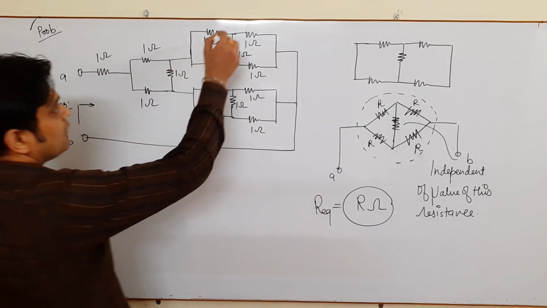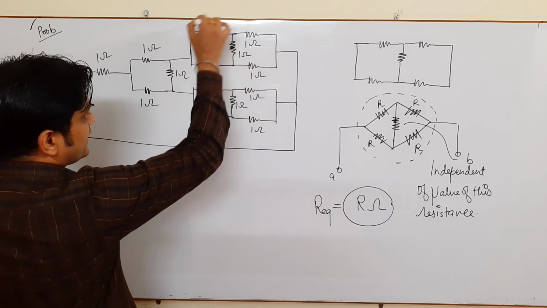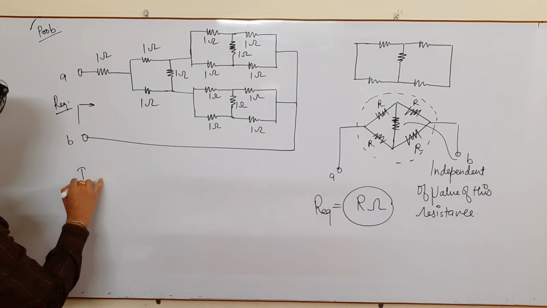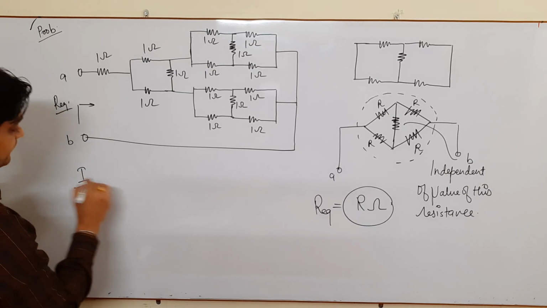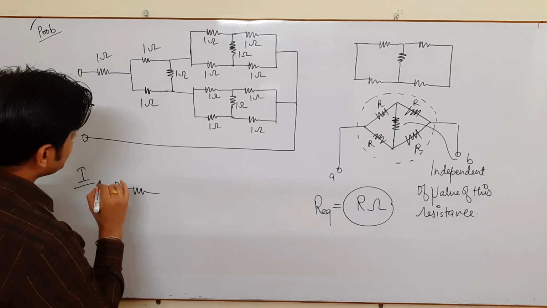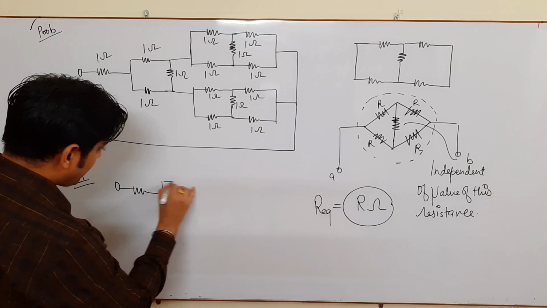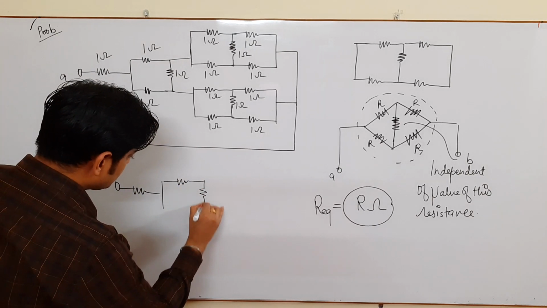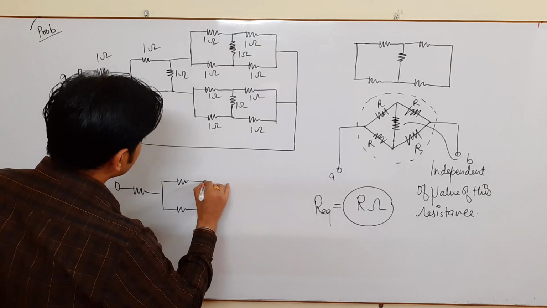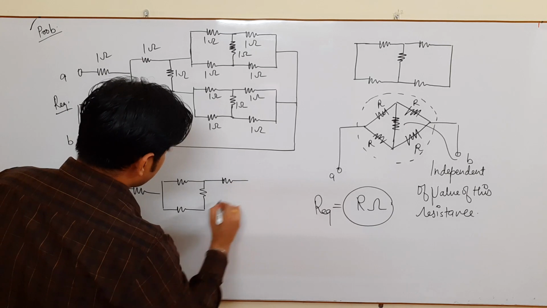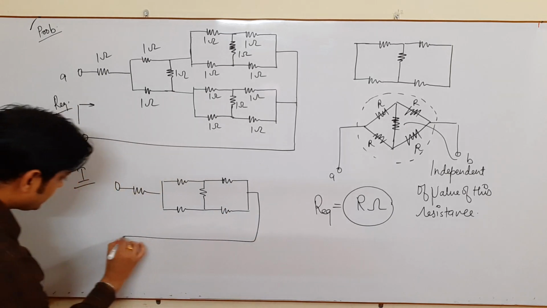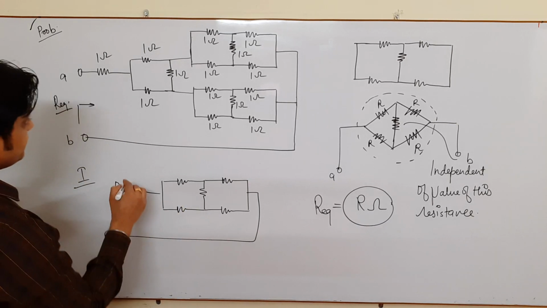So now if you see this, it is similar to what we have discussed earlier. So if I redraw this network, can you draw this network like, should I directly draw this network here as?